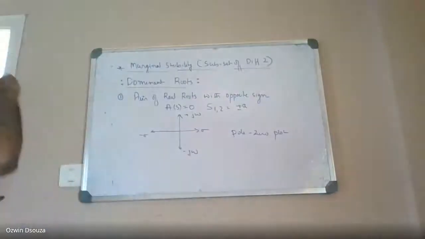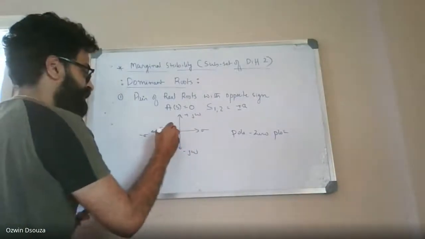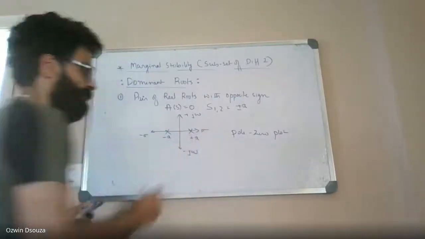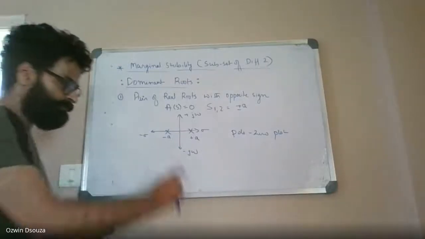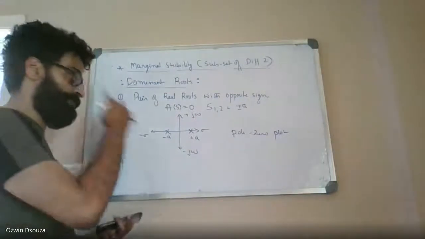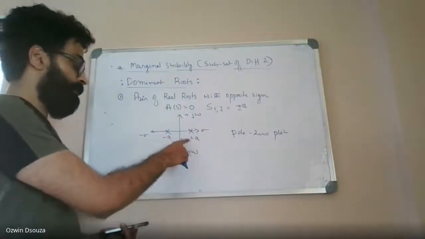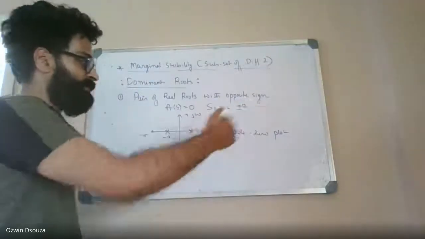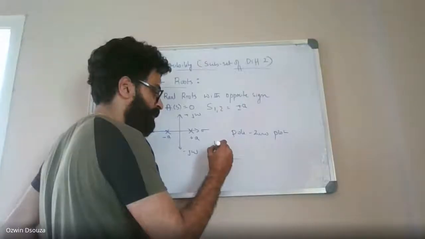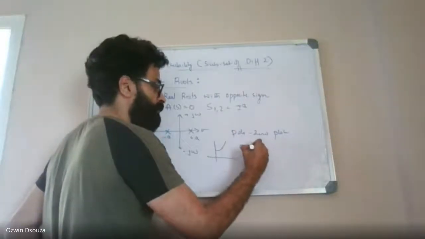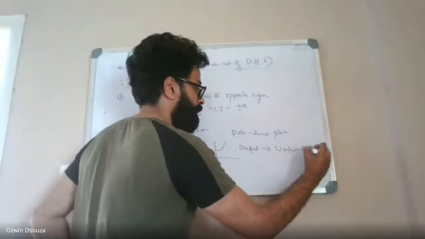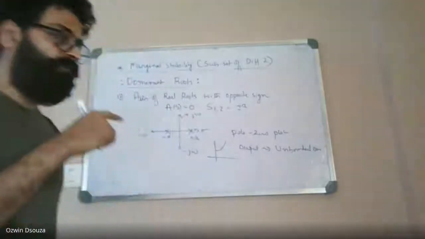How are you going to place the root? One has a negative real part and one has a positive real part. This is minus a and this is plus a. What will happen to the system response? Let us consider the simplest response, the impulse response. When you have a single root on the right half of the S-plane, your response becomes unbounded, because the exponential function keeps on growing.